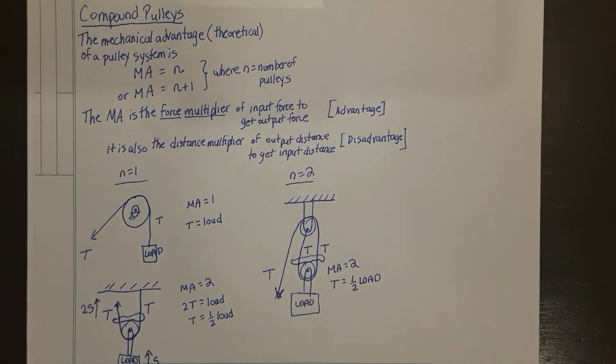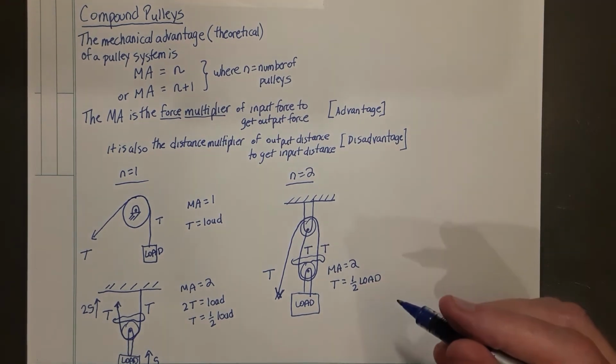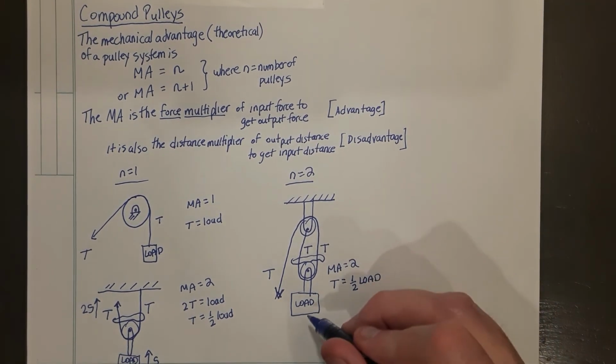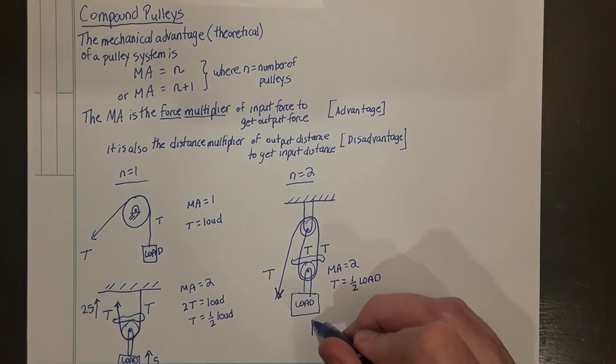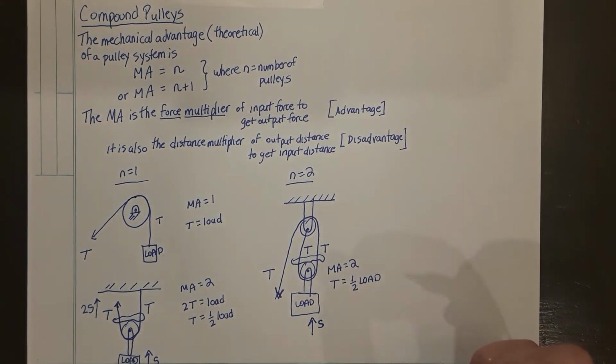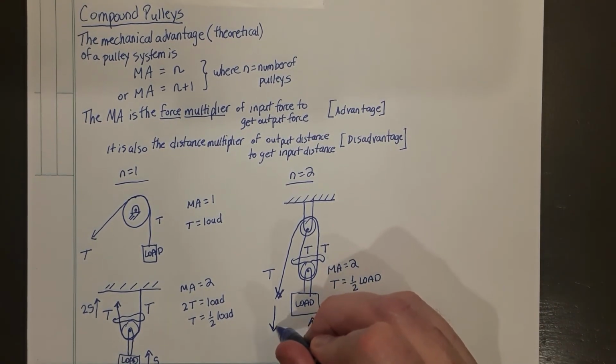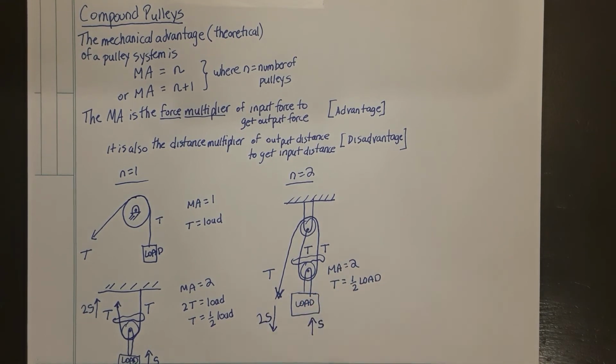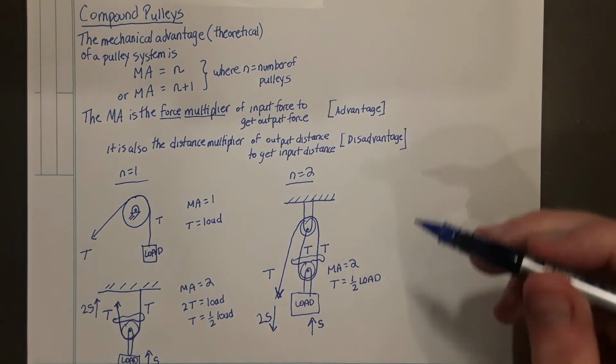So we get twice the force output, or we only have to lift with half the force in order to make this thing move. The disadvantage is, if this load is lifted with a displacement of S, we're going to have to pull on the end of this cable with a displacement of 2S in order to make it work.